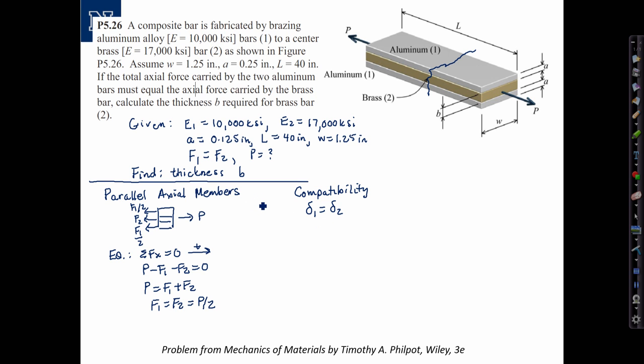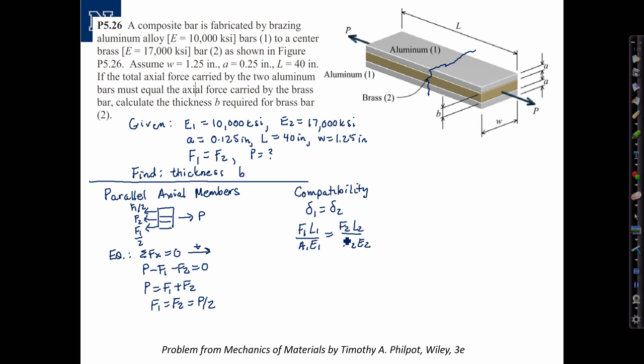Okay, now to find the deflections, we use the equation delta equals FL over AE, so we can say F1 L1 over A1 E1 equals F2 L2 over A2 E2.